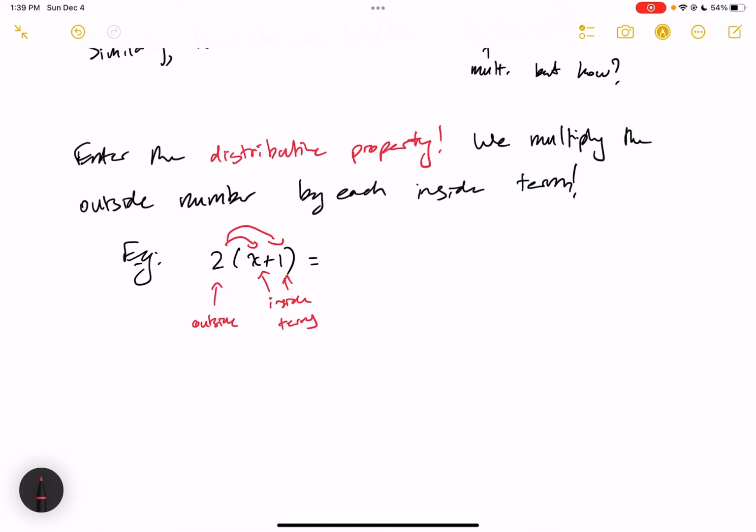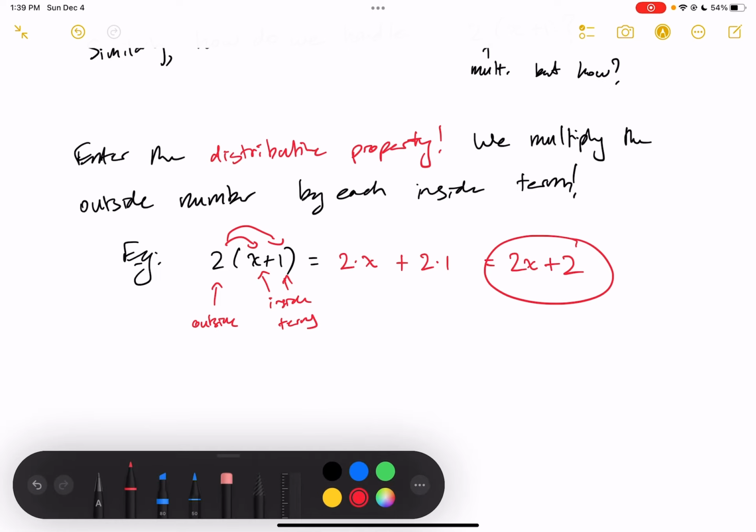So start off with 2 times x, then add, the sign will stay the same, 2 times 1. Then we just do those individual multiplication problems: 2 times x, we can just write 2x, plus 2 times 1 is just 2. So there we have it.